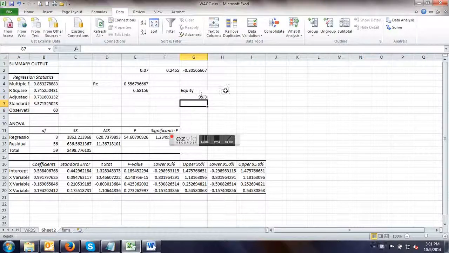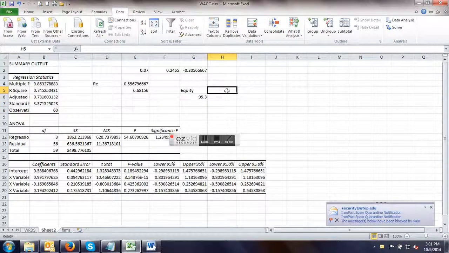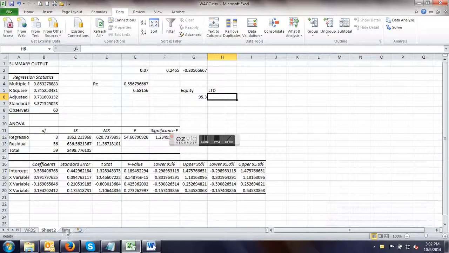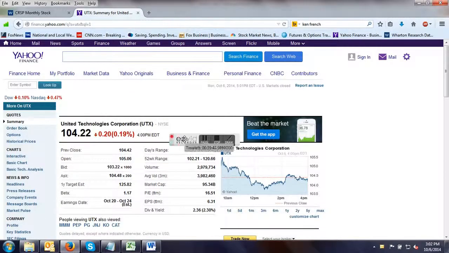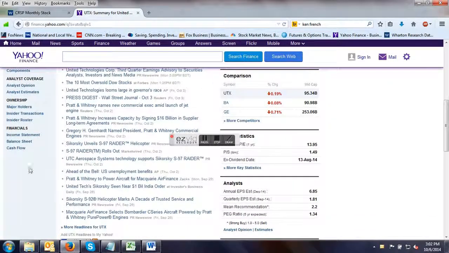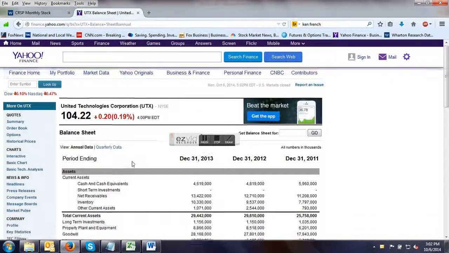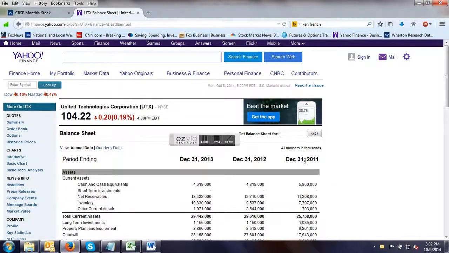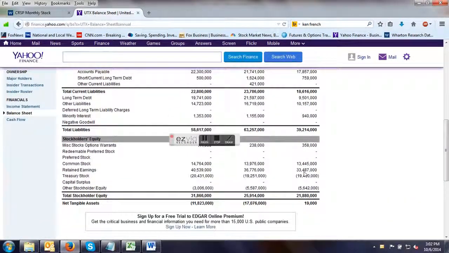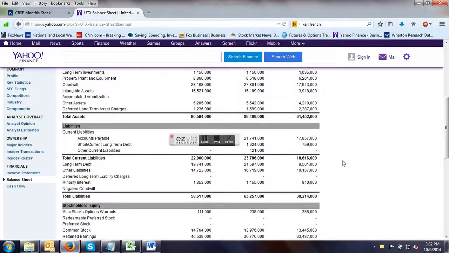And then we're interested in long-term debt. What's the value of long-term debt? We'll come back here to our numbers, and we're going to go to our balance sheet. And we can look at, say, 2011, which is the last year that we're interested in. And we have total liabilities of 39.2 billion, and current liabilities of 18.6.